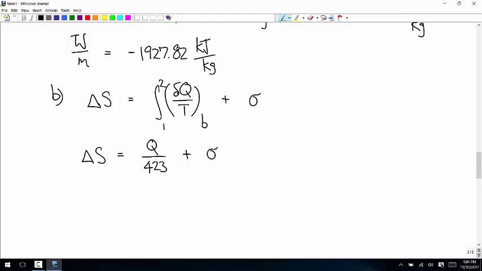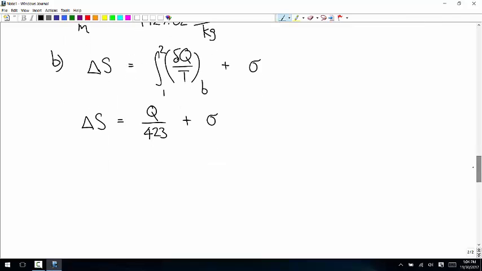And we can rewrite this as the change in specific entropy is equal to the heat per mass over 423 plus sigma per mass. That's what we're trying to find.